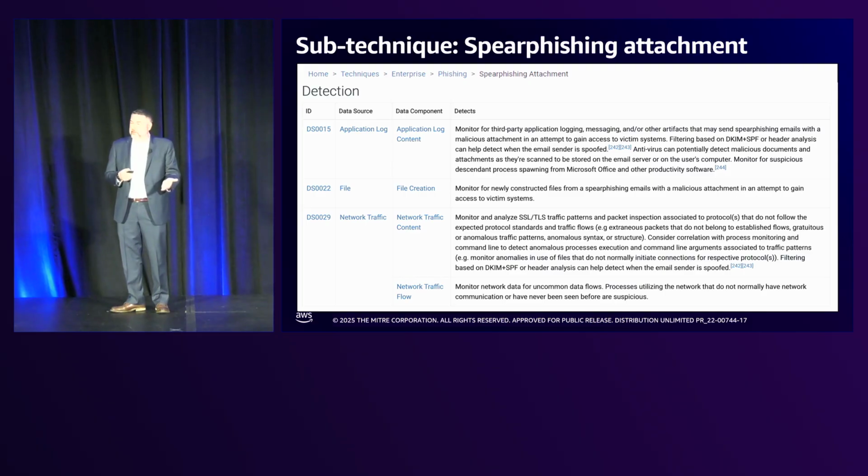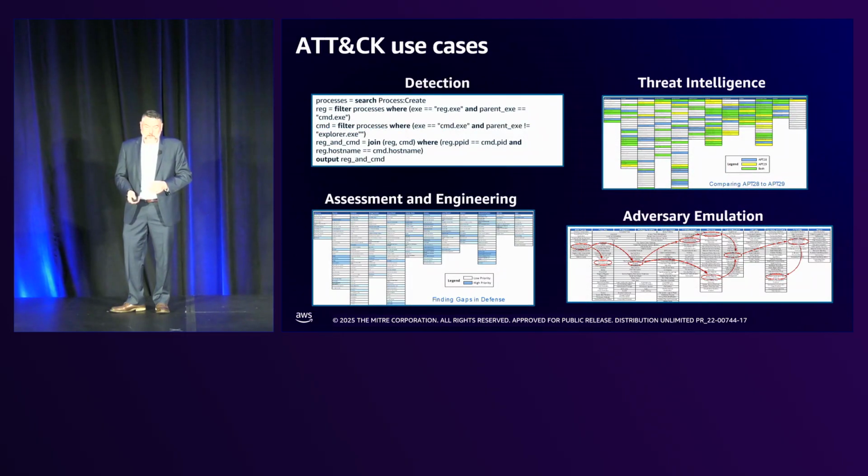And this is where you get the idea that if you don't have a data source, you're likely not going to be able to detect a particular technique. So it's key to understand that there are relationships between them. So, crash course, you might say, what are the use cases for ATT&CK? There's the obvious use case of sharing information about detection.